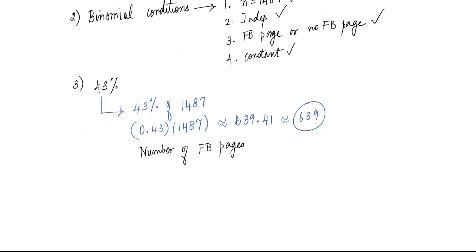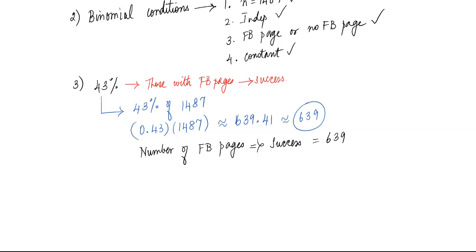Now remember, this is your success, right? 43% is the percentage of those with FB pages. Having an FB page is the success. Not having an FB page would be failure, right? The number of FB pages is the success, which is 639.